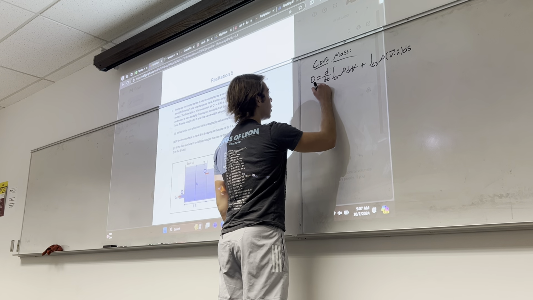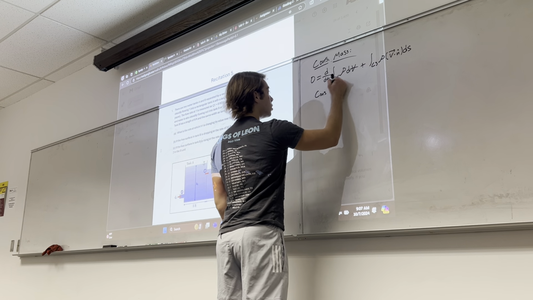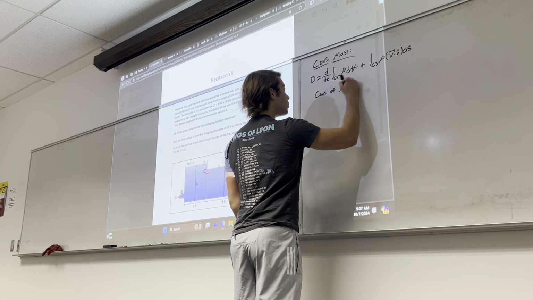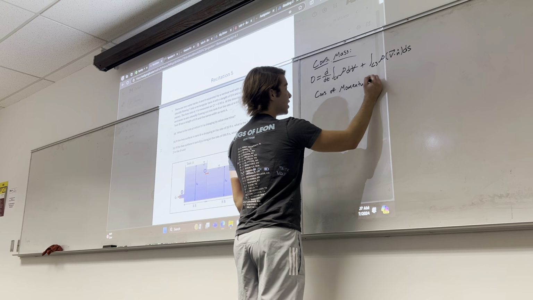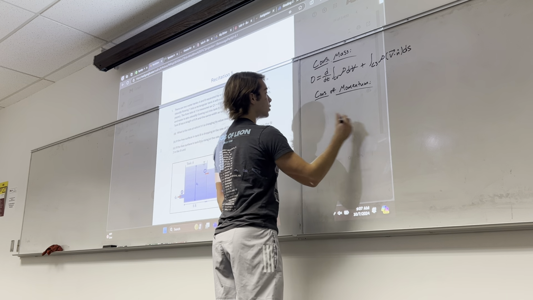And then conservation of momentum. This is historically the more tricky of the two.